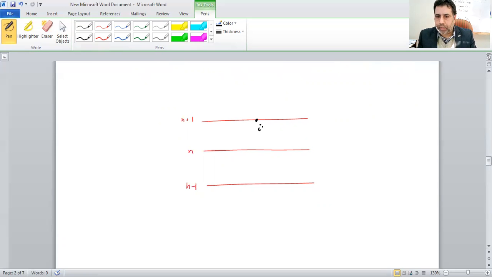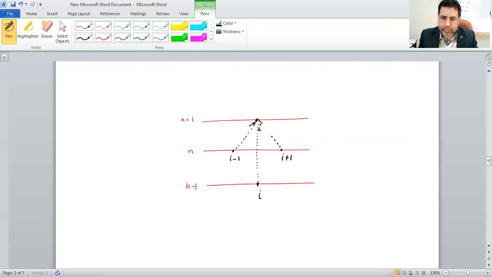Look at the formula that I derived. You need information from location i at time level n minus 1, and then two more values from time level n, from the grid locations i plus 1 and i minus 1.